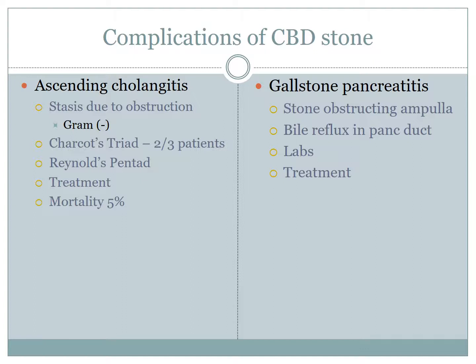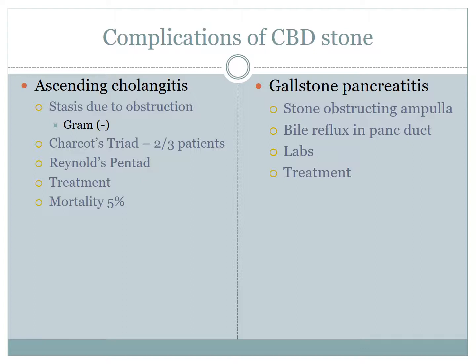If there's stasis of the bile in the biliary system, you're going to have a bacterial overgrowth, especially gram-negative bacteria like E. coli and Klebsiella, and this can be a very overwhelming infection called cholangitis.